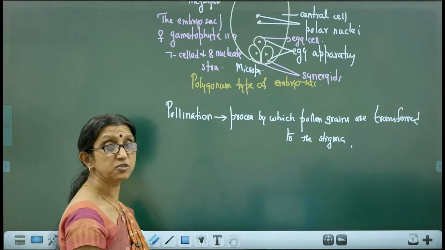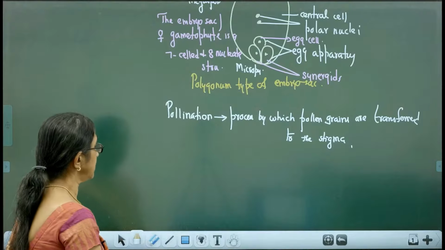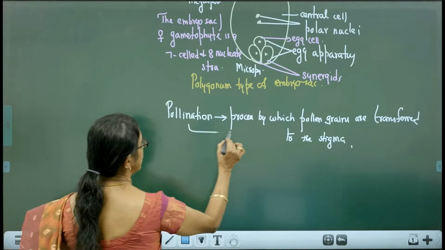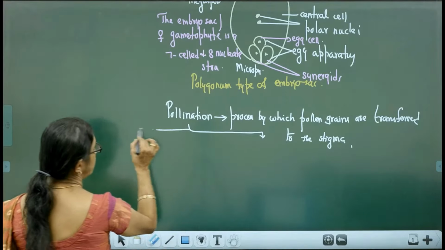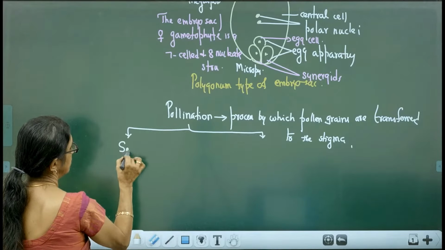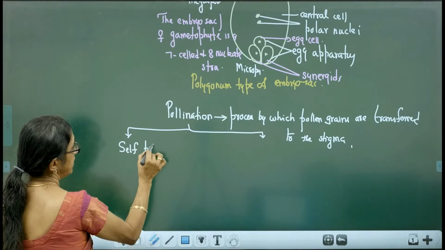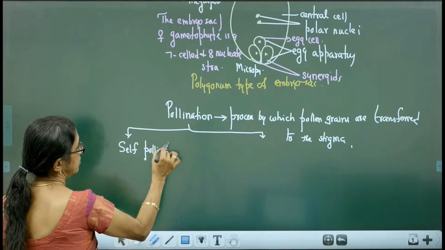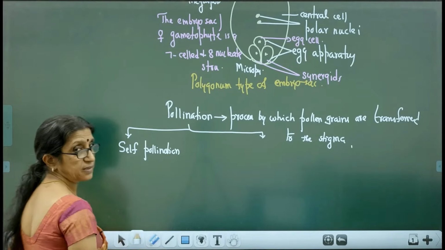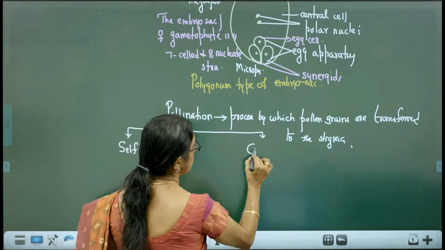That process is called pollination. Pollination may be of two types: one, self-pollination, and the second one is called cross-pollination.